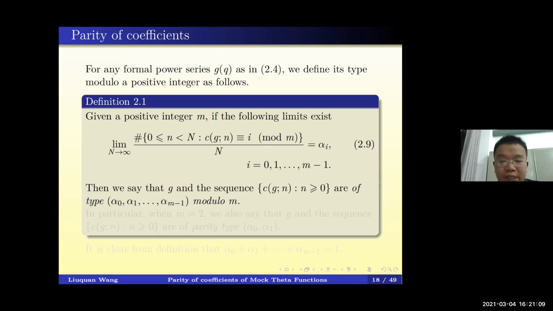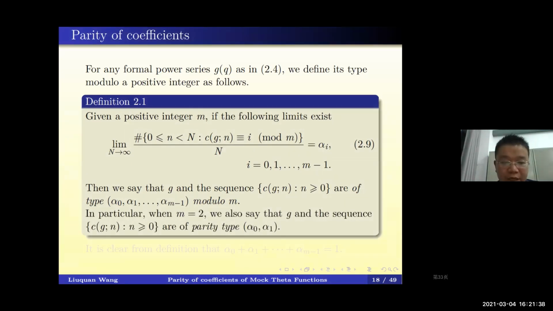If this kind of limit exists for each i, then we say that the function G and its coefficient sequence C_g(n) are of type alpha_0, alpha_1 till alpha_{m-1} modulo m. This definition was given by me. Actually, people will say the sequence has some arithmetic density modulo m.